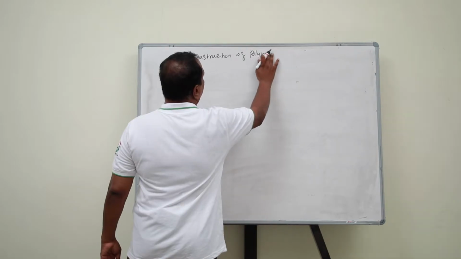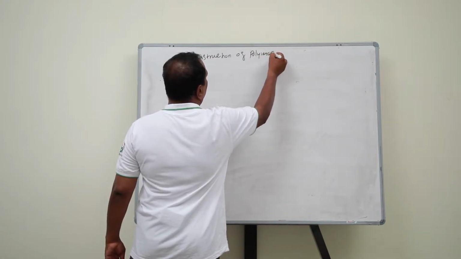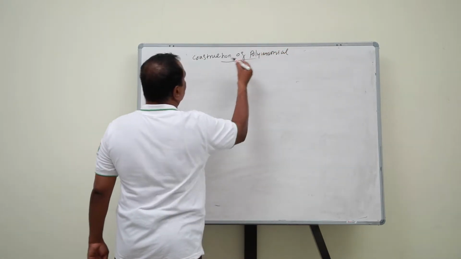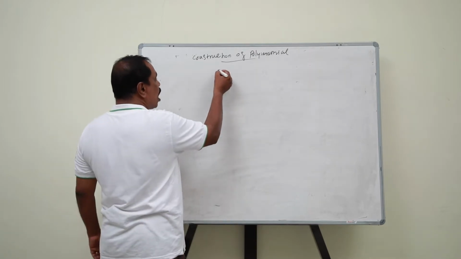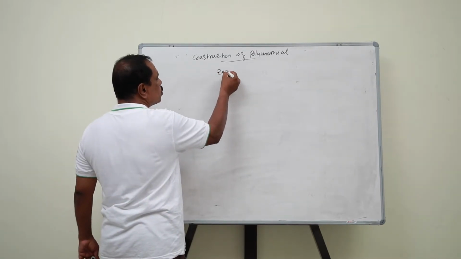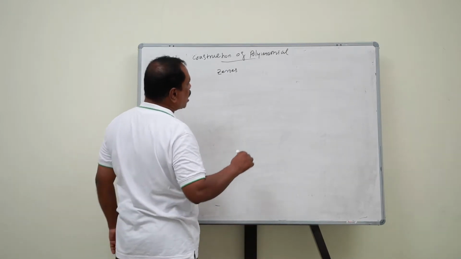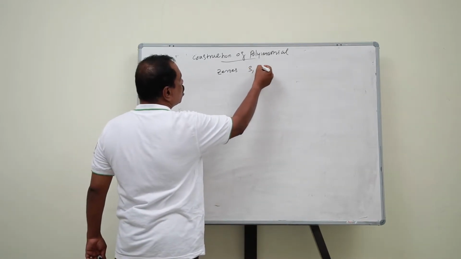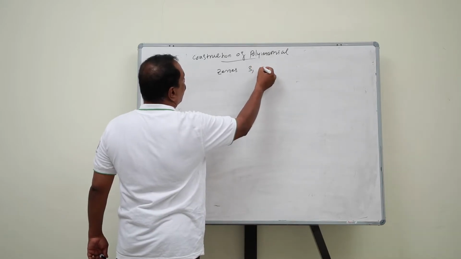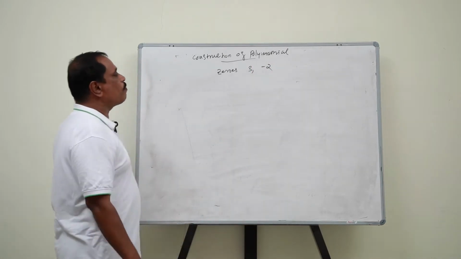If we have zeros, say for example, the zeros are 3 and minus 2.